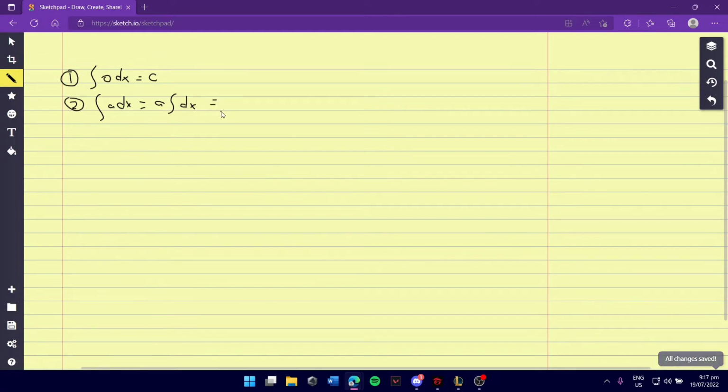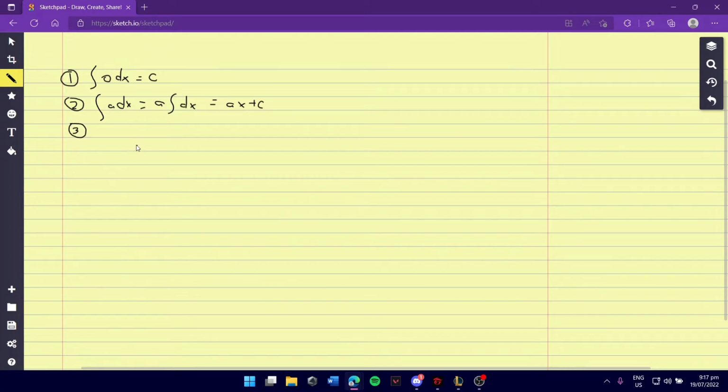Integration is the opposite of differentiation, so the integral sign and the d here will cancel out. The remaining will be x. This becomes a times x plus our arbitrary constant. We put the arbitrary constant after we integrate the terms inside our integral sign. So that is the rule of integrating.